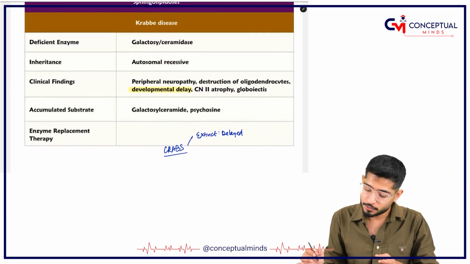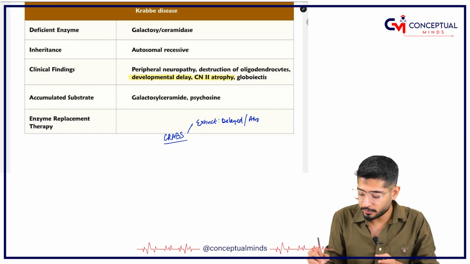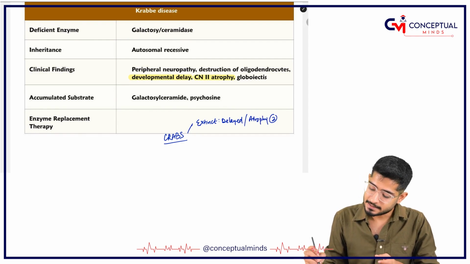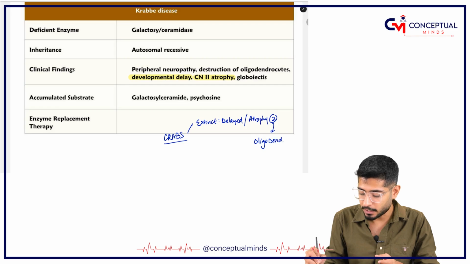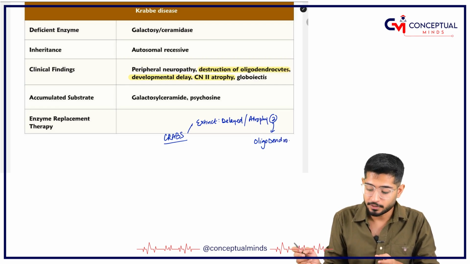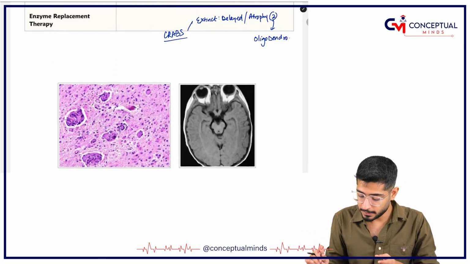Then what more is going to happen? There will be atrophy of cranial nerve number 2. So extinct means, of course, there is atrophy of cranial nerve number 2. And simultaneously you can remember that the oligodendrocytes are also destroyed, right? So all of this comes under the neuropathy only.